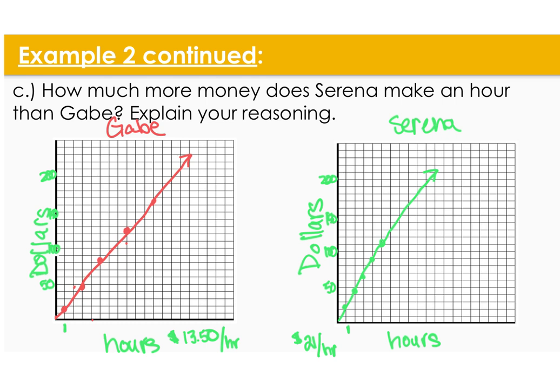So how much more does Serena make than Gabe? So I'm going to take 21 and subtract 13.50, and I will get 7.50.